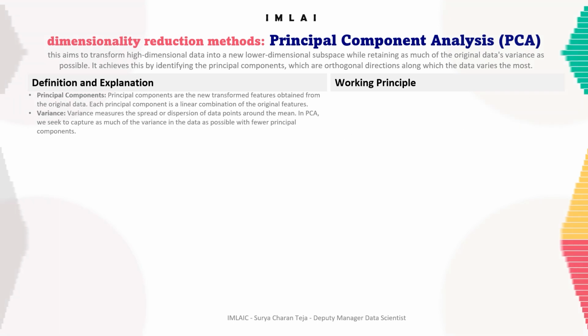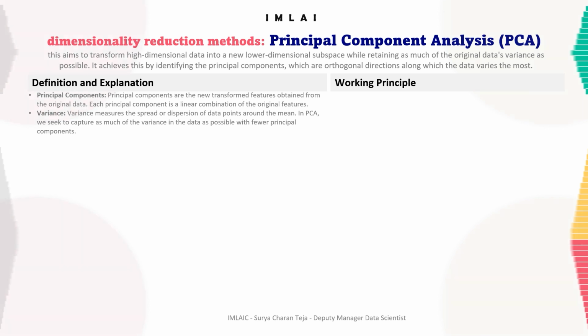The first step in PCA is to standardize the original data by subtracting the mean and dividing by the standard deviation for each feature. This is essential to give all features an equal scale and avoid any dominant influence from features with larger magnitudes.